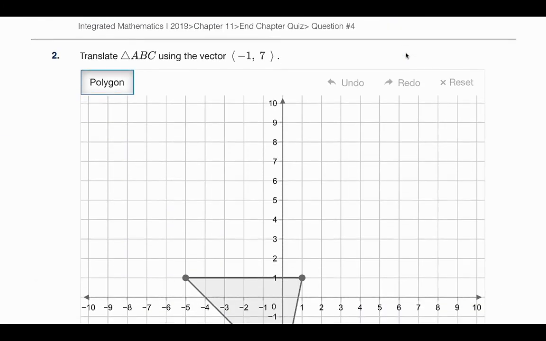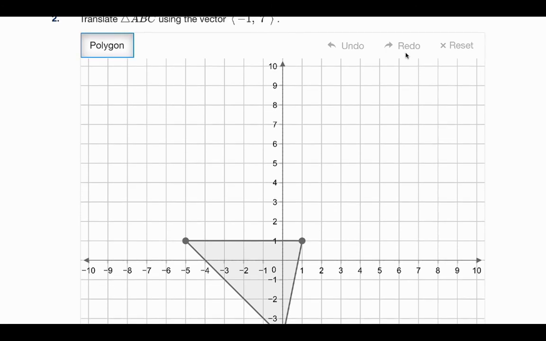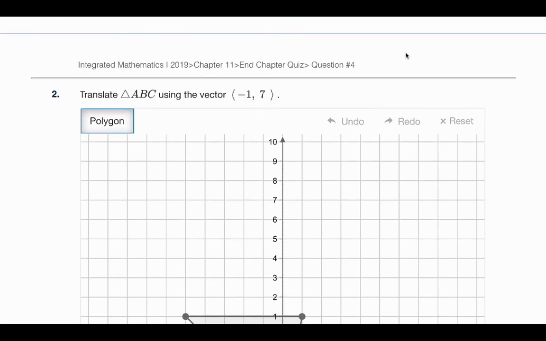Okay. Number 2 is when using the vector. So we're going to use the vector for our one that they have here. So remember, all a vector does is it tells us what direction we're going to go in the x direction and what direction we're going to go in the y direction. So it's telling us there's our x and y. We're going to take our points and we're going to go -1.